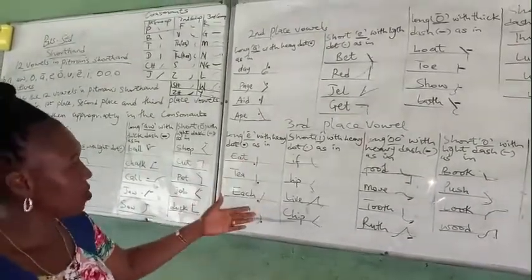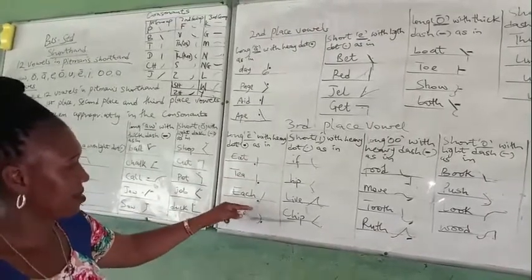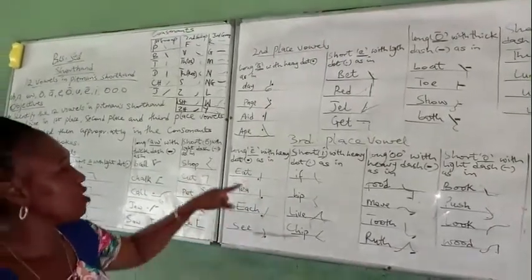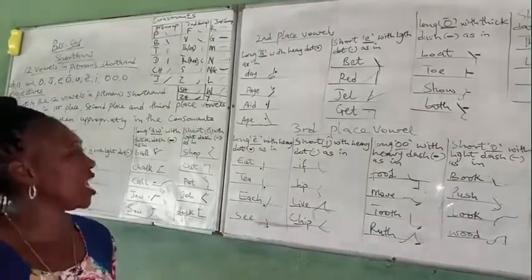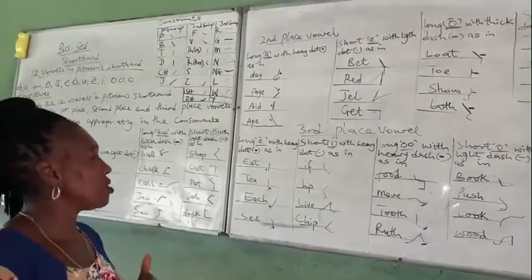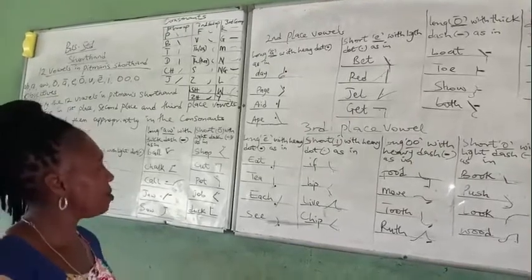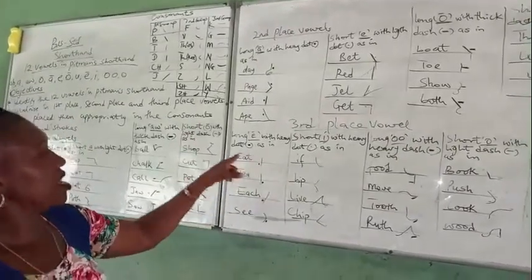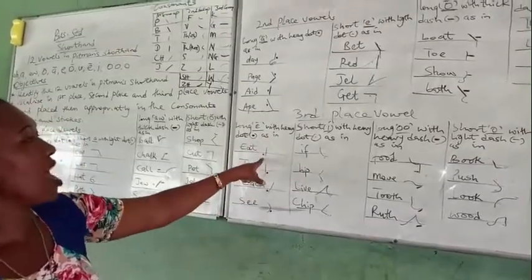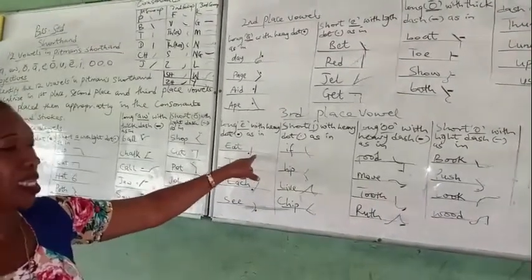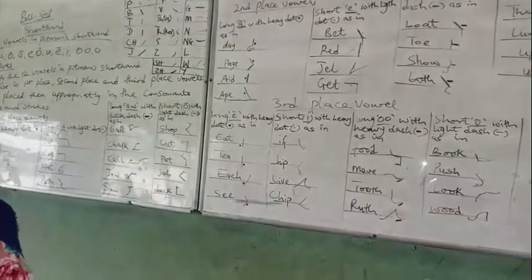If you watch my own, all of them cross the line. And when vocalizing, you vocalize at the end, depending where the vowel sound comes in. Eat. That E comes before T. That is why I vocalize it before T, and it must be at the end.